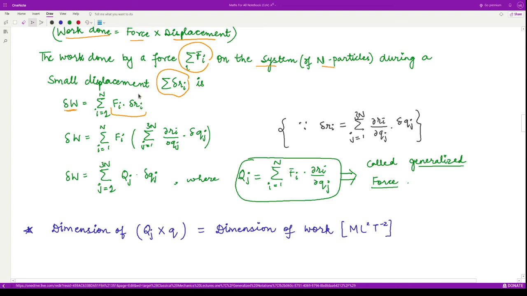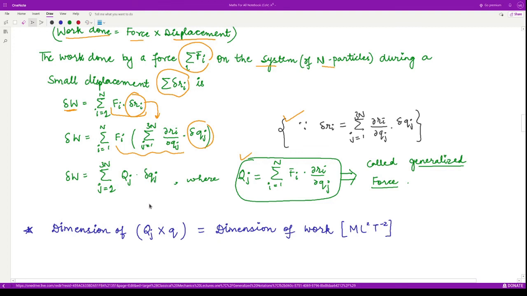And we have just calculated the value of this displacement vector, so we can use those values, right? These we already know, these are the generalized displacements. So we have utilized this expression over here. We can shift this summation out, and we can call this term Q_j. So this work done becomes Q_j into del q_j. So you saw we started with this F_i, force into displacement, and we end up at Q_j into delta q_j.